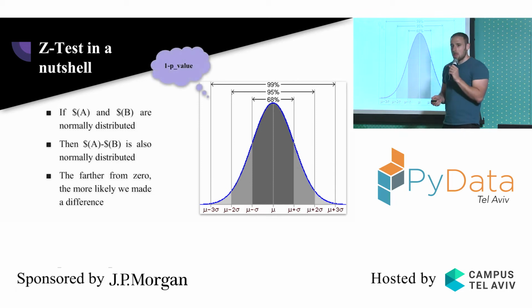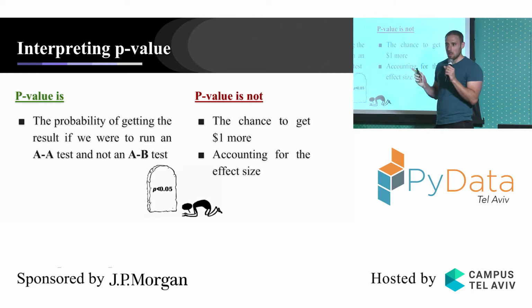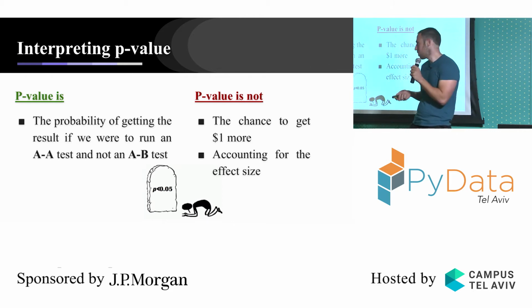I guess that at least a few of you have heard about the p-value concept. The p-value is actually 1 minus the value of the CDF here. And this is a good point to stop and rant about the p-value. I think there's no other concept that is more poorly understood. The p-value is not the chance of getting $1 more, as many people interpret it to be.